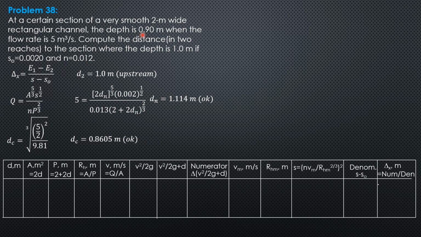So we'll divide this into 2 reaches: 0.9, the next is 0.95, then the next is 1. So that we'll have 2 reaches.